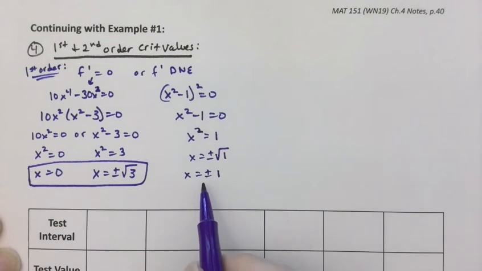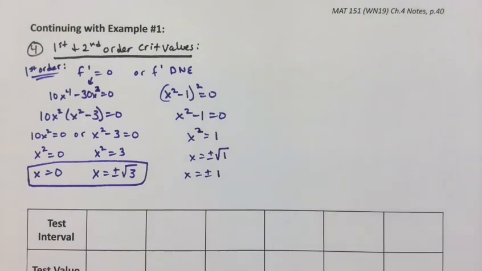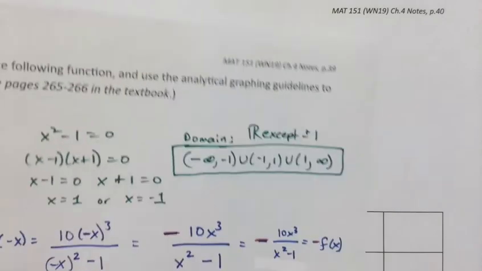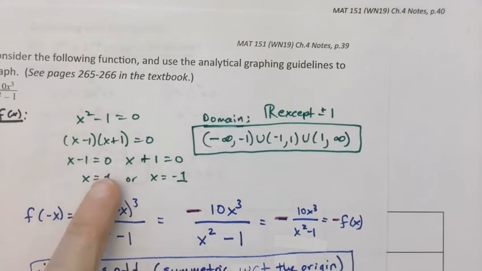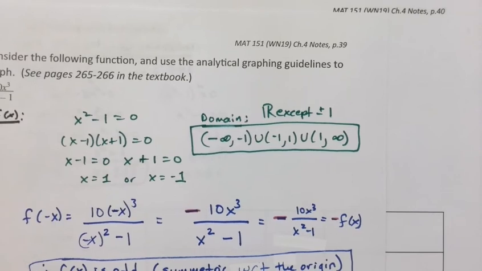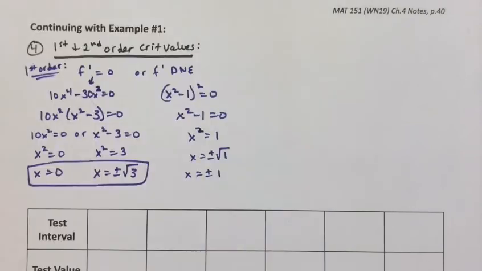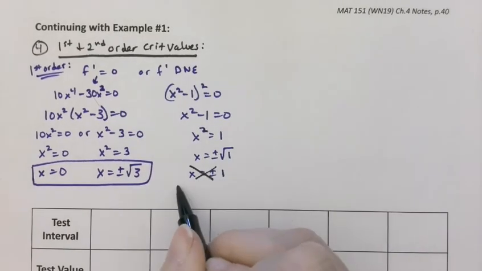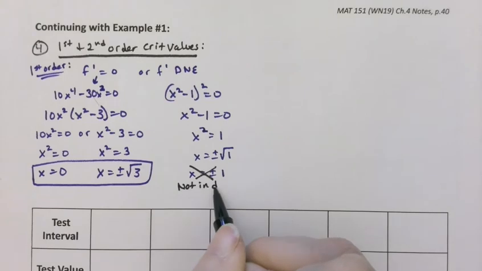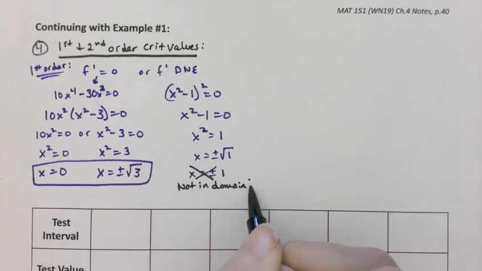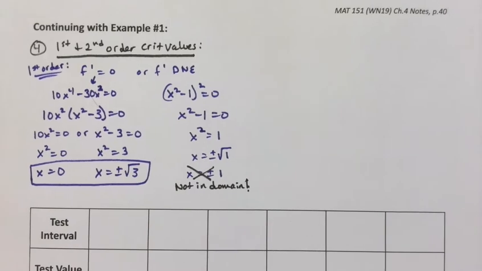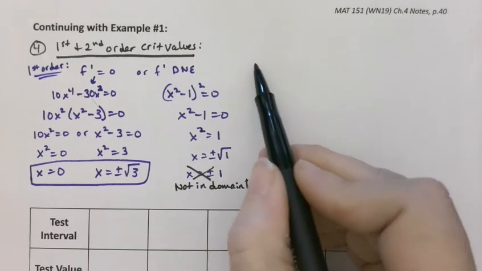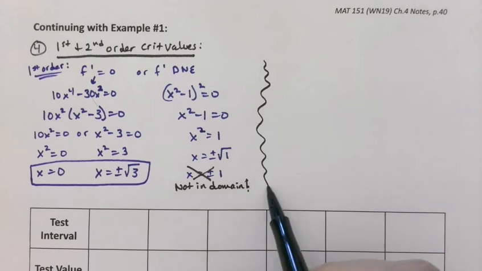However, that should be setting off little bells in your head because in step 1, we showed that plus or minus 1, it's the exact same calculation, cannot exist for this function. So they are not in the domain, so we don't have to worry about those. They'll already be tossed out, because they're not in the domain of the function. All right, so that's the first order critical values.